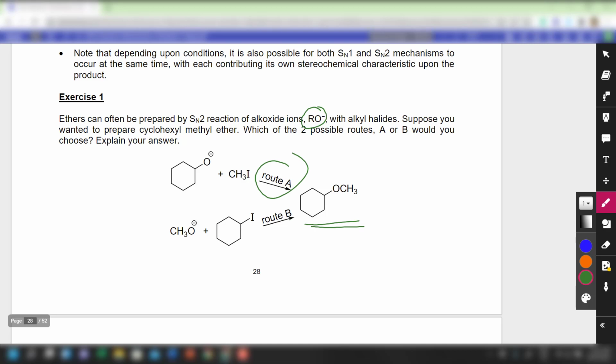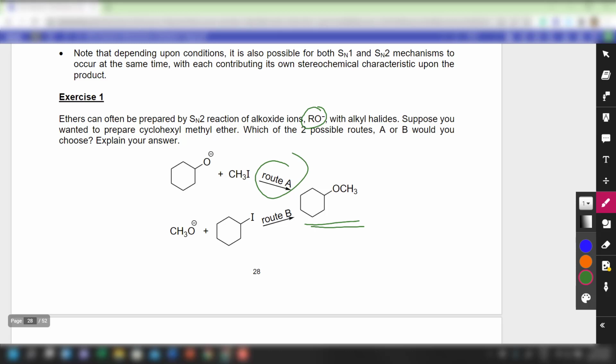Why is route A the best? Because number one, I'm sure you have also encountered in H2 that substitution and elimination often happen hand in hand, side by side. So if you want a substitution product, you cannot run away from an elimination product.